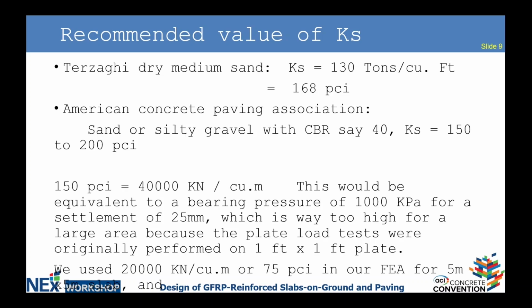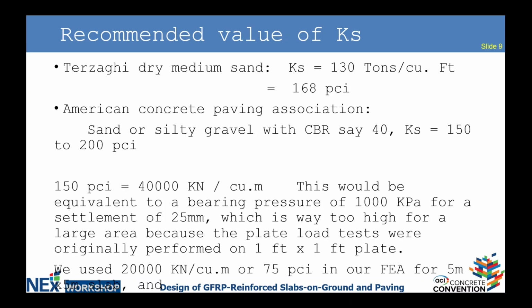Okay, that translates to about 1,000 kPa for a settlement of 25 millimeters. To me, that is too high. Okay, when we deal with most of the slab-on-grade situations, we might not even know exactly what is underneath, or it is on fill, it's on not very good soil.